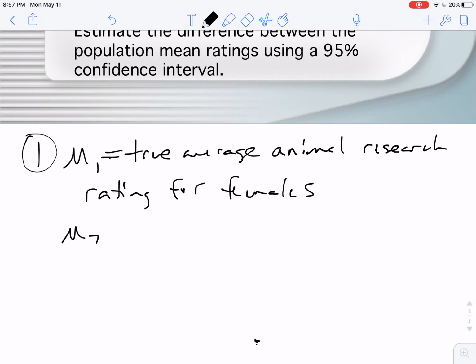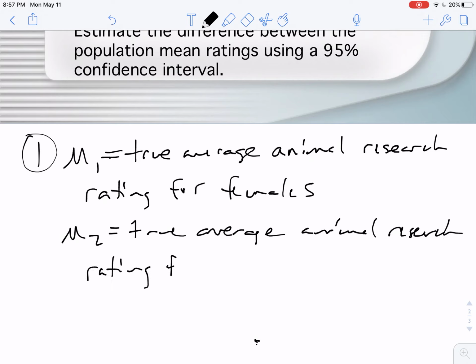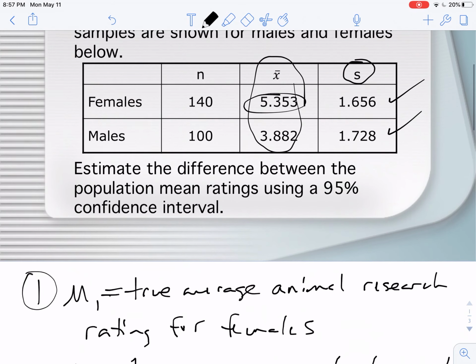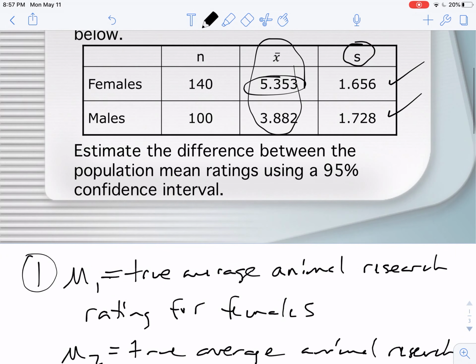Population 2 is going to be mu2. This is going to be my true average animal research rating for males. Okay, so now that I have those two populations established, then I can properly notate the sample statistics I was provided up there. So the 140 is going to be N1.